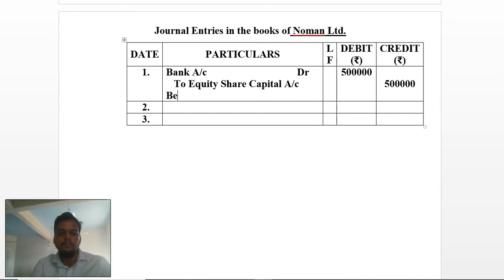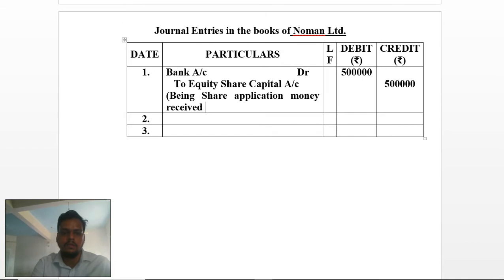So write being, bracket is compulsory, being share application money received at the rate of 25 rupees on 20,000 shares.